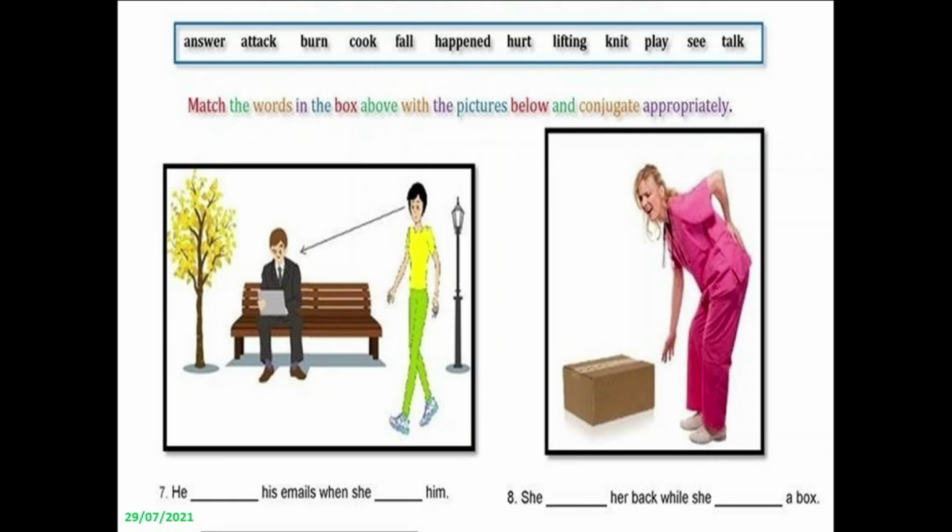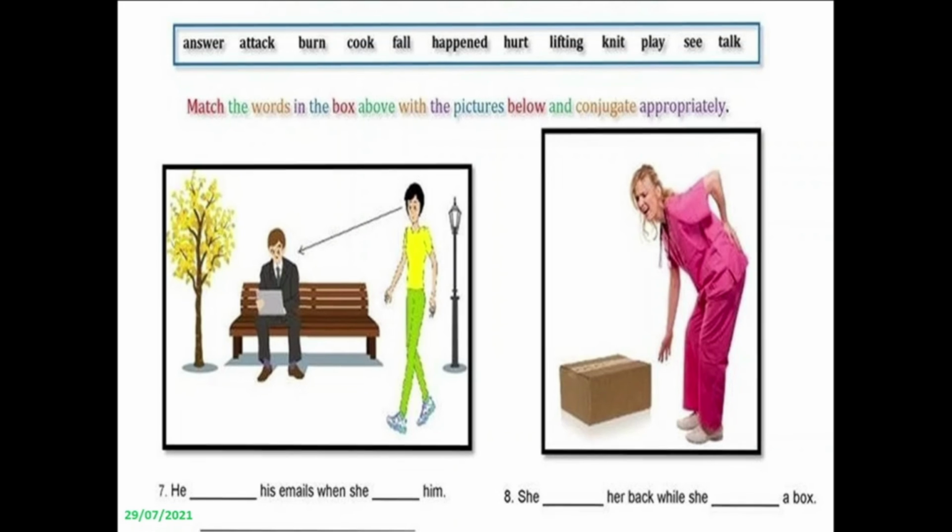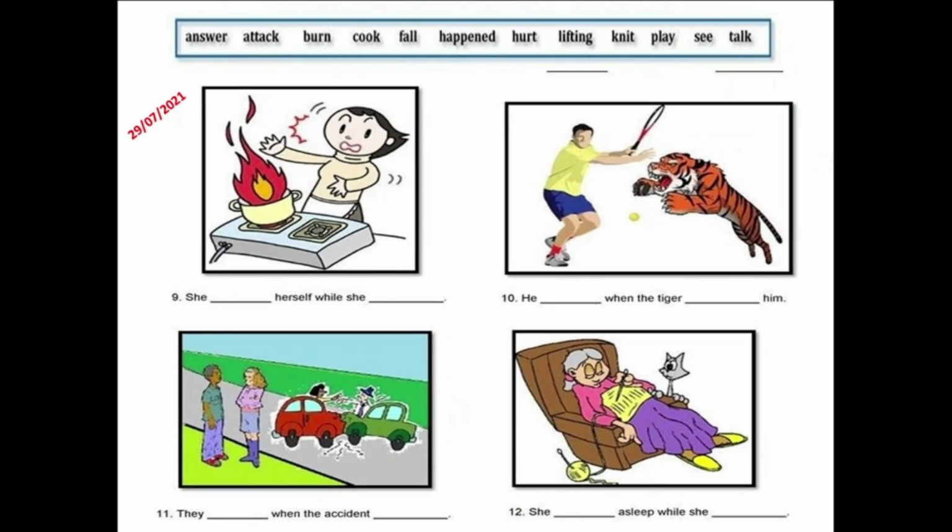She was hurting her back when she lifted a box, or otherwise, she hurt her back while she was lifting a box, using the past tense. Similarly, you can try the rest.